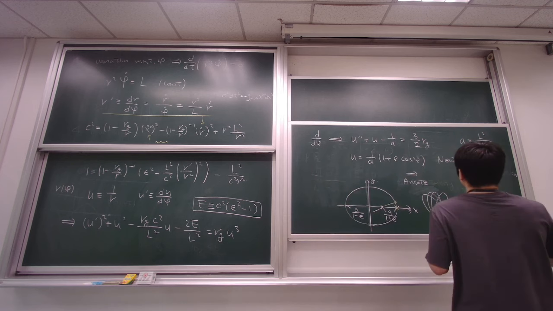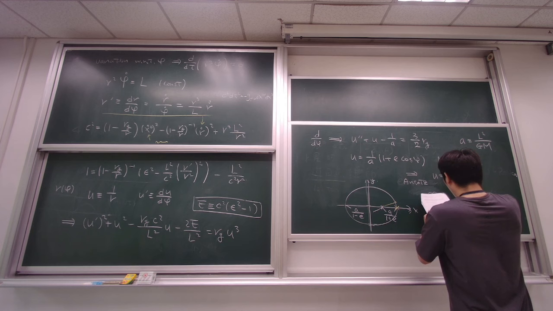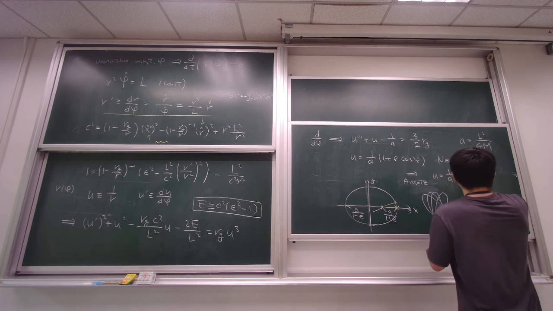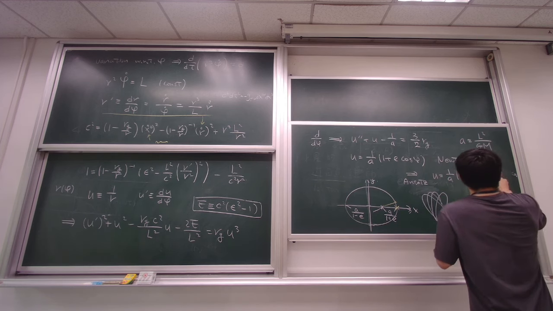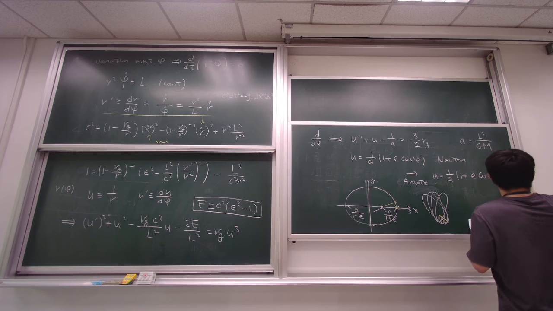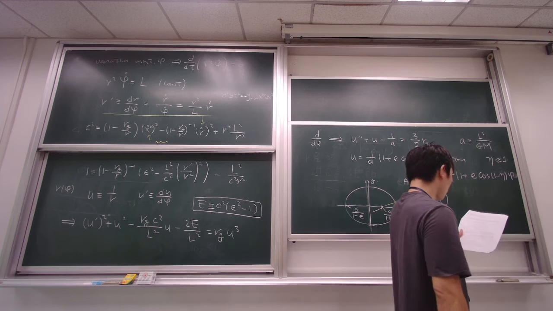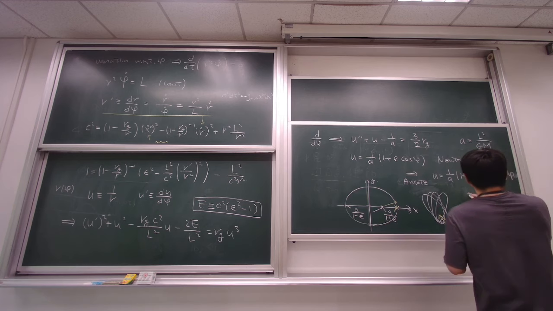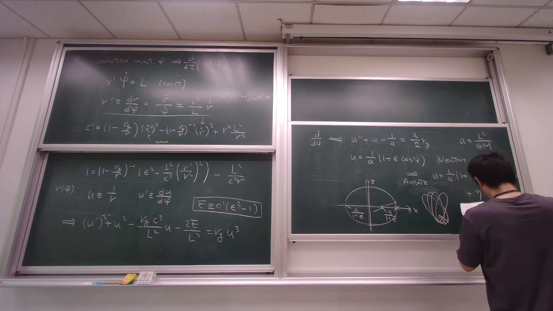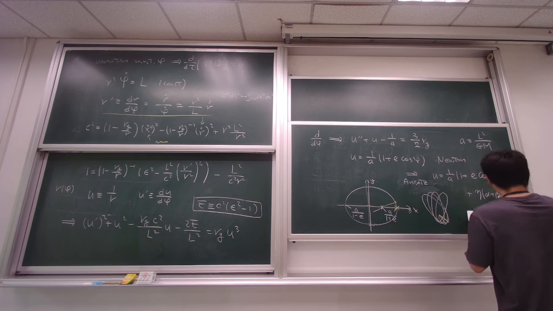But here, the ansatz is almost the same, which means 1/A (1 + E cos((1 - eta) phi)). Suppose eta is very small, and there is some correction plus eta, alpha plus beta cos 2 phi.